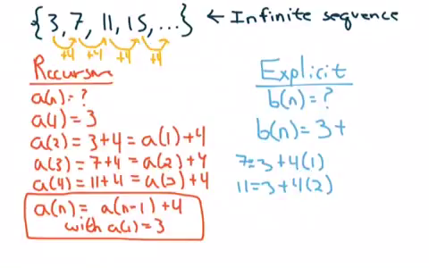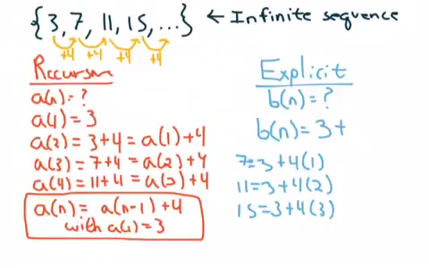Now if I want to get the 15, 15 is equal to 3 plus 4, 1, 2, 3 times. So plus 4, 3 times. Now notice what we have here.